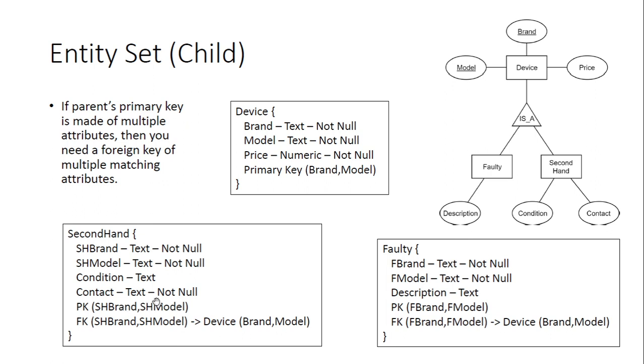So we don't need to specify whether these are unique or not. By this primary key assignment, it's already unique, and for shorthand for primary key, we can use PK, and for foreign key, we can write FK. And similarly for the faulty table, it's the same thing, we just have different additional attributes.